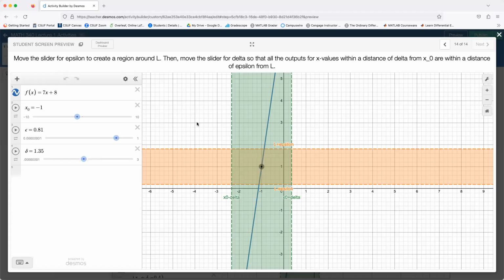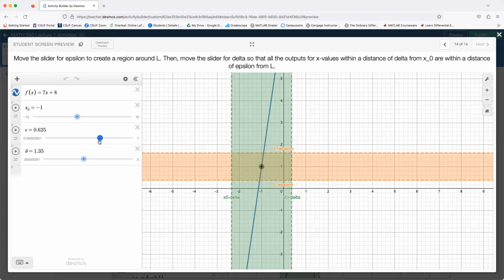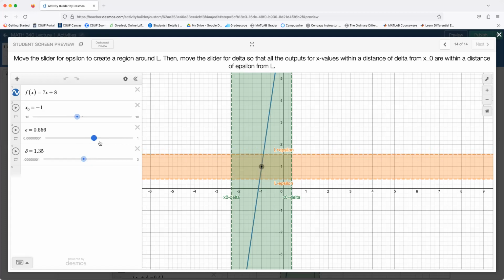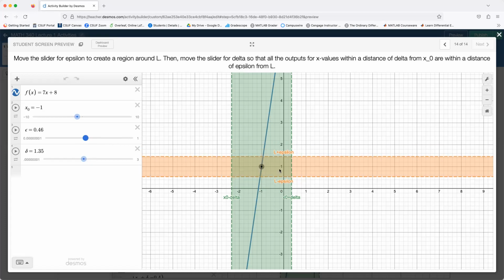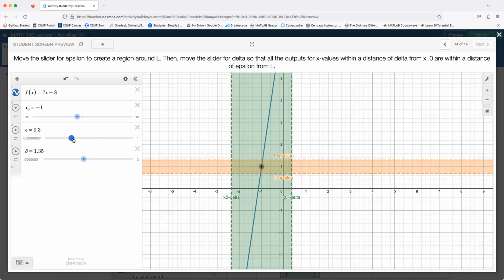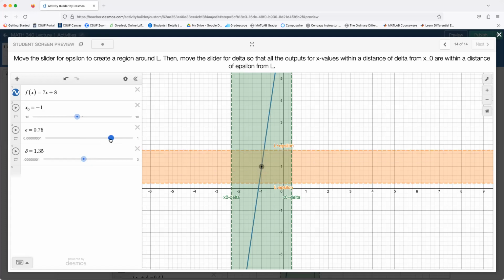Okay, so this is our function, 7x plus 8, this blue line here. And what we're really trying to do is, we're saying that if I pick an epsilon, which tells me this orange distance, this region, which is my distance from the limit height here, which is 1, I can pick any distance from that height.